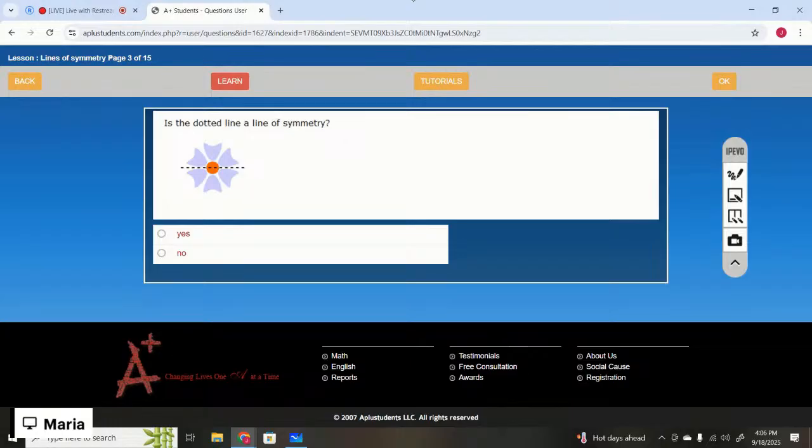Is the dotted line a line of symmetry? If you fold the image along the dotted line, the two sides exactly match up. So the correct option is yes.